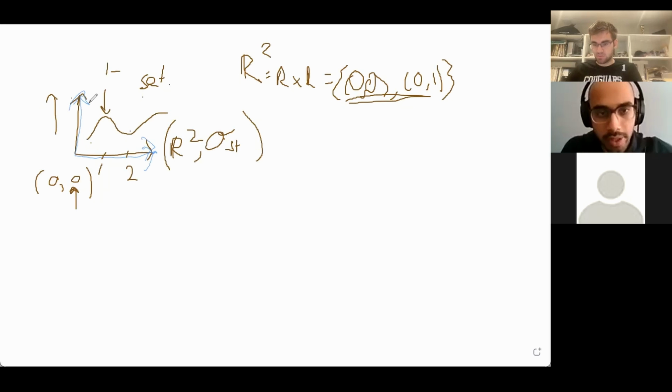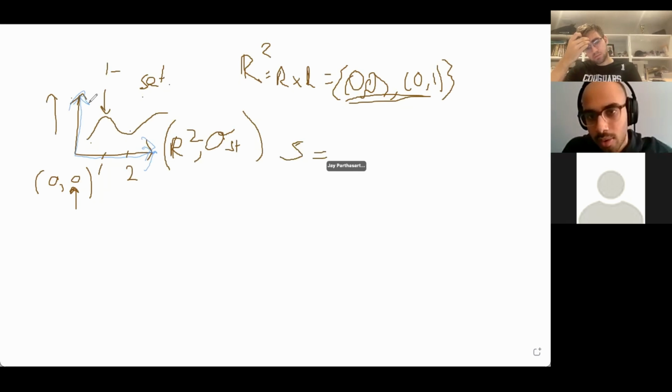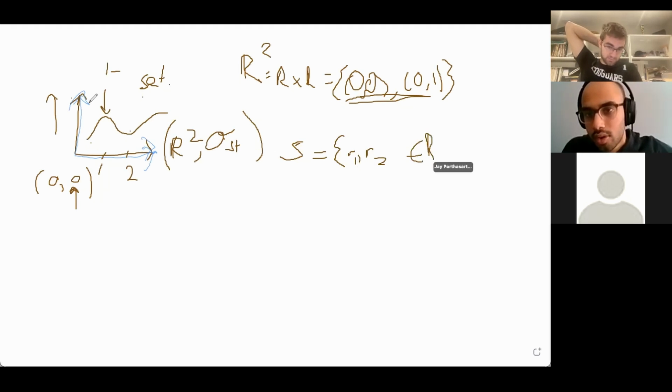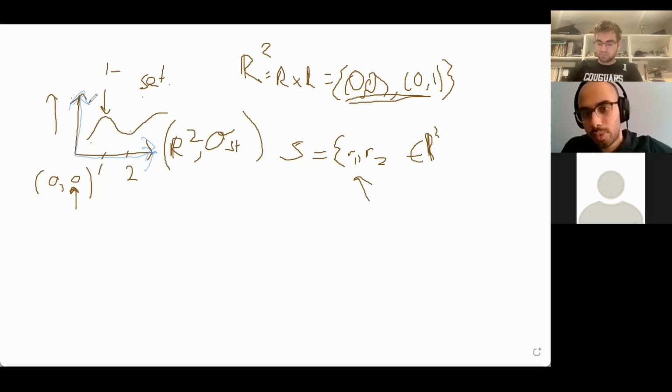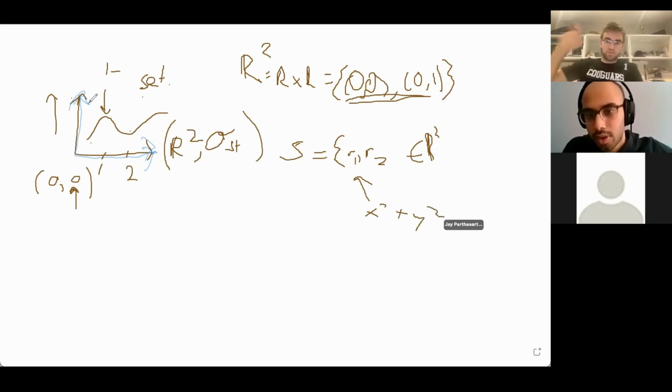Yeah. So we have a set S equals all the points in R1. Okay, well, we're doing restricted comprehension over R2, right? Okay. And then what are the conditions? It could be something as simple as, for the circle, x squared plus y squared equals some constant, if you wanted to restrict to the circle.